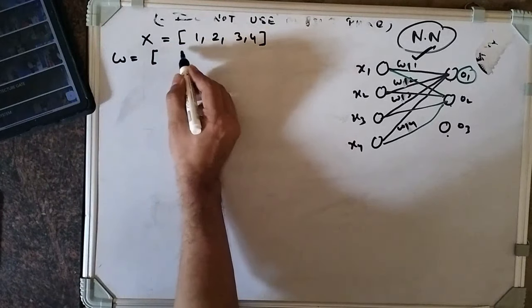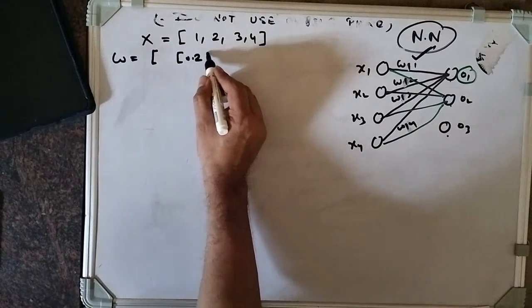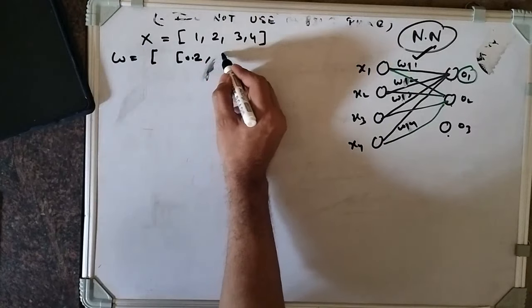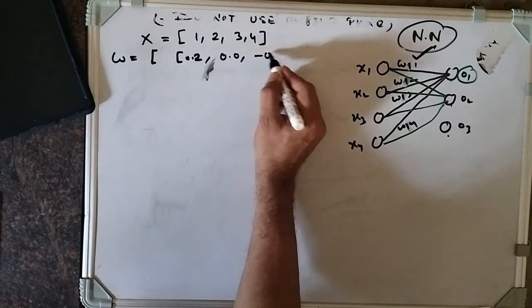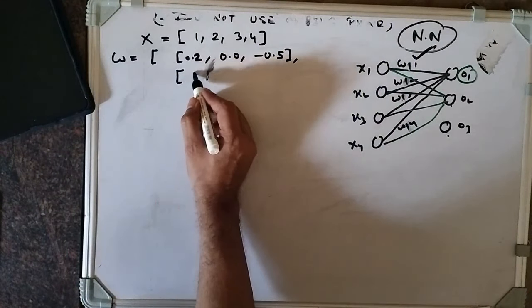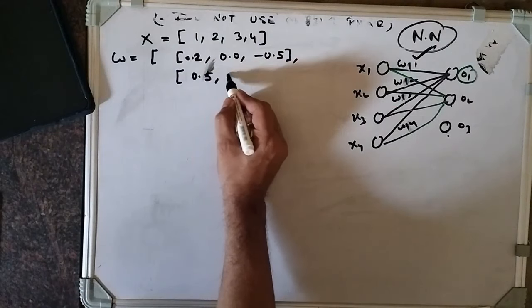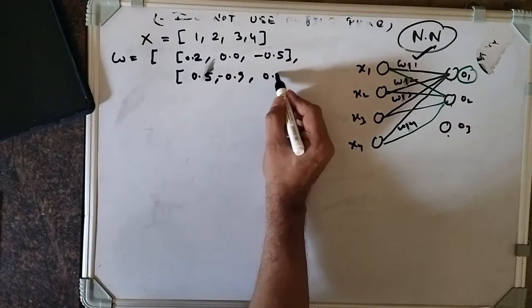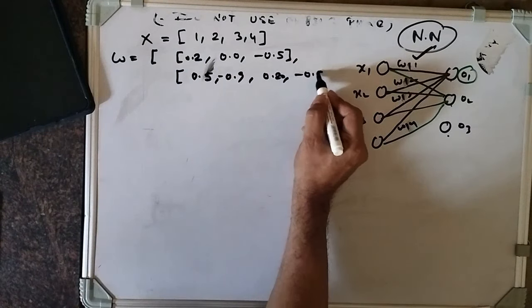Then I am writing w is equal to 0.2, then 0.0, minus 0.5. You can write anything. And second I am writing, suppose 0.5, 0.9, suppose. Okay, and this is 0.20 and this is minus 0.5.